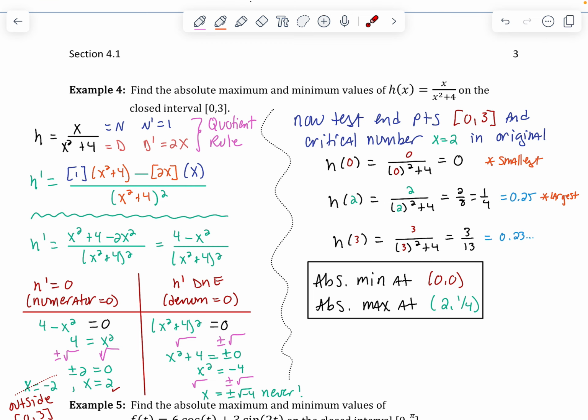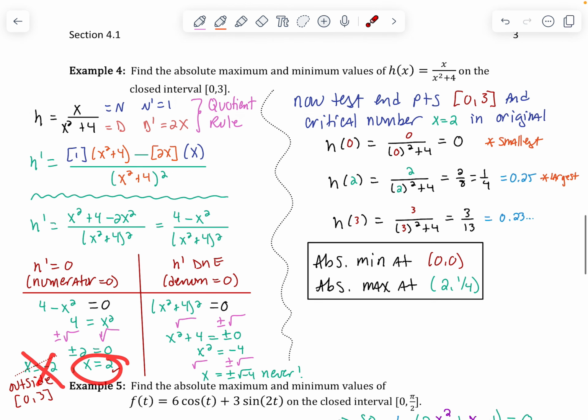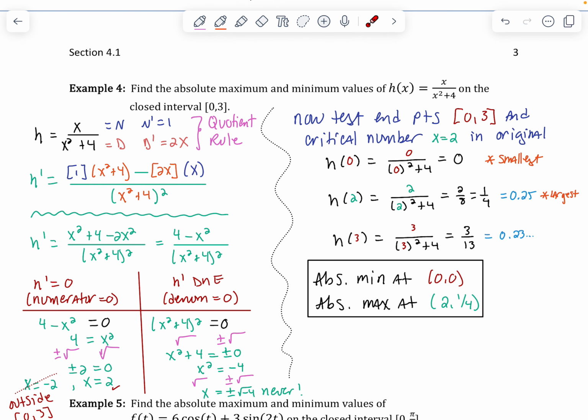So remember, my next step is to test the endpoints and my critical numbers in this original function. So I like to start with h of 0 and have my h of 3, sandwiching my critical numbers in between. I didn't have anything from the square root of a negative. Negative 2 is not in that range, but only x equals 2.